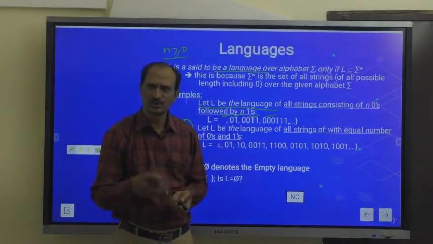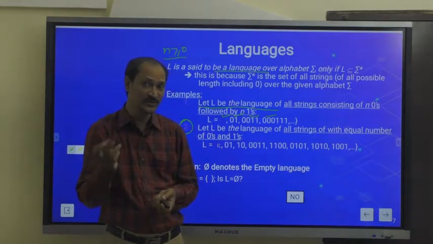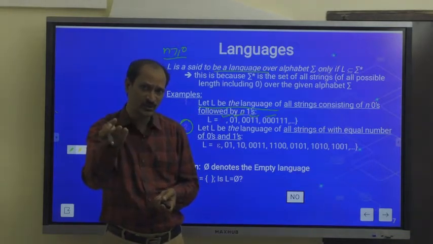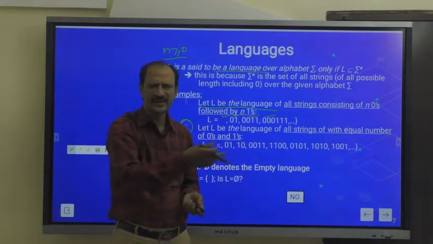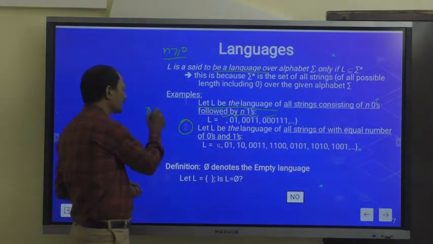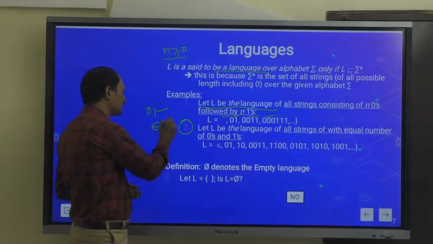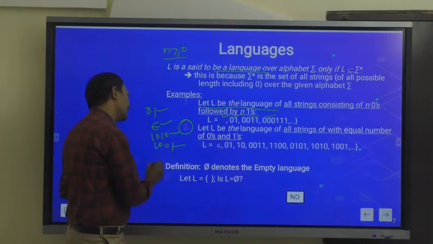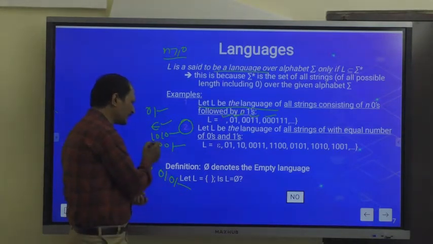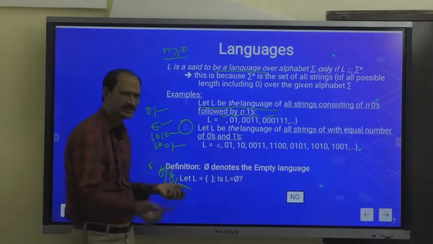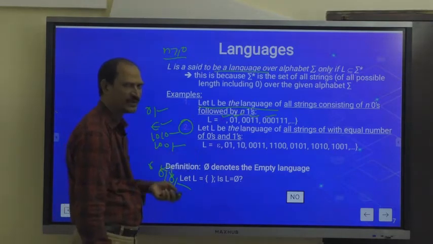I can use 01, 10, 0101, 1010, 1100, 0011. I can have several combinations. 01 is valid, epsilon is valid, 1010 is valid, 1001 is valid, and 001011 is valid. You count the number of ones here, 2, and the number of zeros here, 2. So the number of zeros is equal to the number of ones. In that way you can understand.